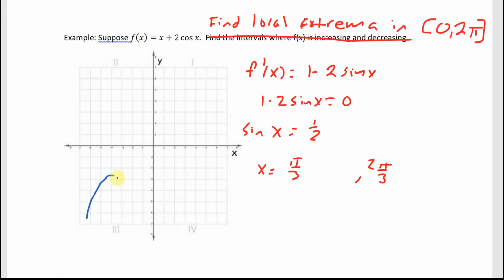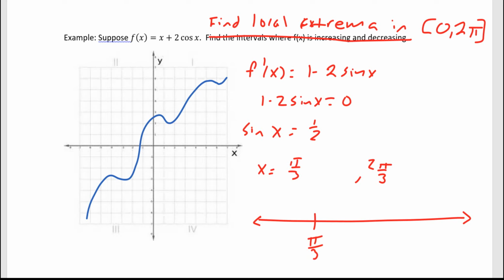And remember, this function did this. Kind of a very hilly climb there. And so on our number line, what I want to think about is labeling the critical points. So we have pi over 3 and 2 pi over 3.